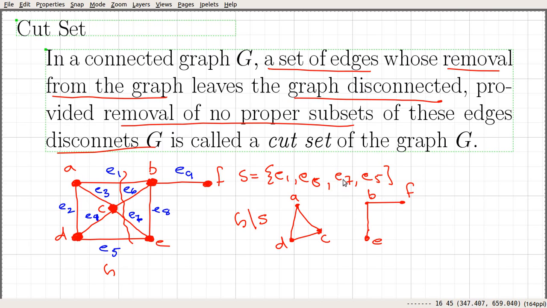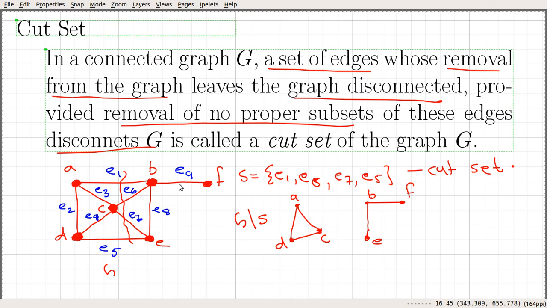You can also verify that if you consider any three-element subset and delete those edges from this graph, the graph will still be connected. So this particular set is a cut set. If you remove these edges, the graph will become disconnected, and no proper subset disconnects the graph.